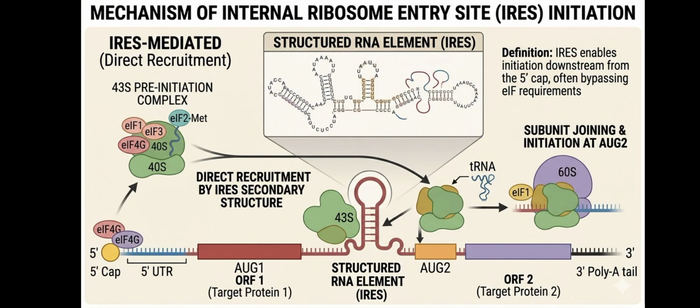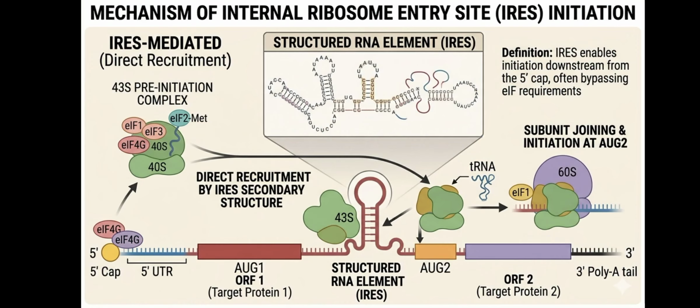And where this IRES RNA element joins, it automatically brings the small subunit ribosome and large subunit ribosome, and it starts the translation.